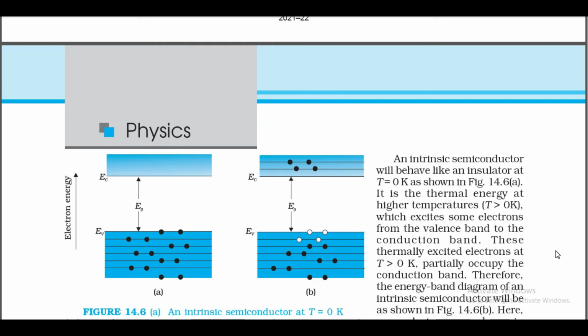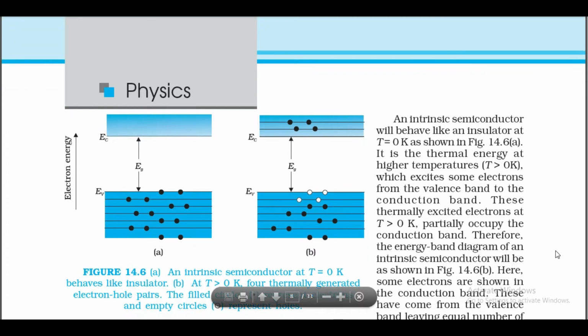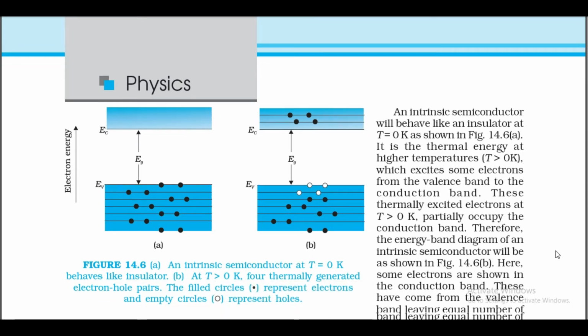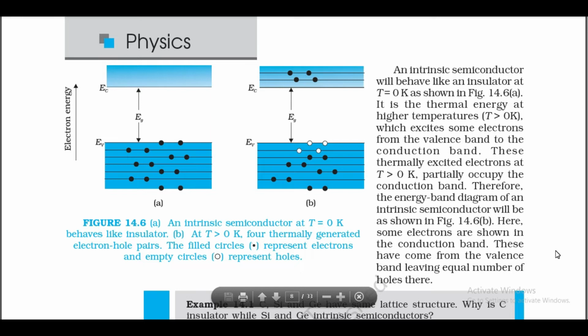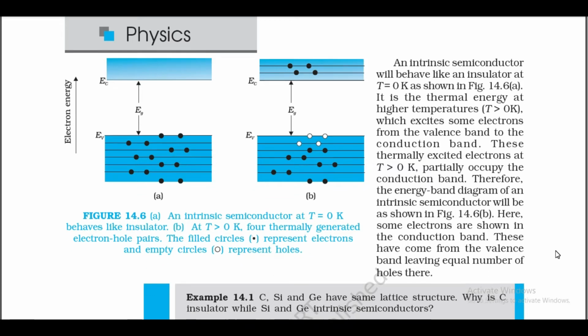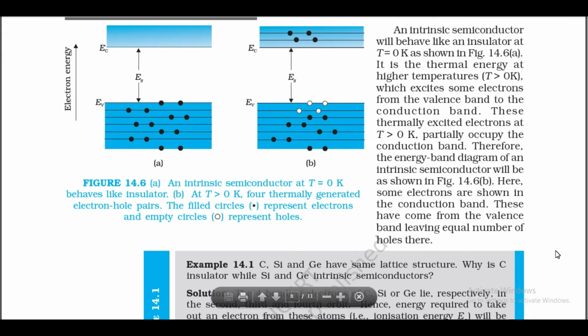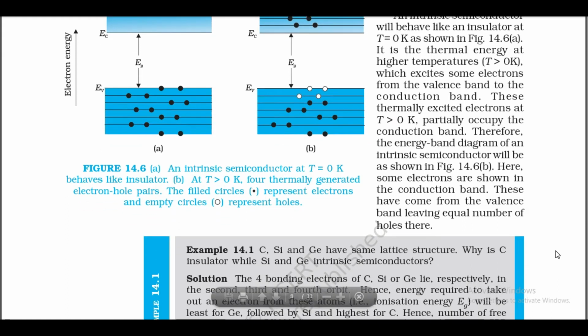These thermally excited electrons at T > 0 K partially occupy the conduction band. Therefore, the energy band diagram of an intrinsic semiconductor will be as shown in figure 14.6b. Here some electrons are shown in the conduction band. These have come from the valence band, leaving equal numbers of holes there.